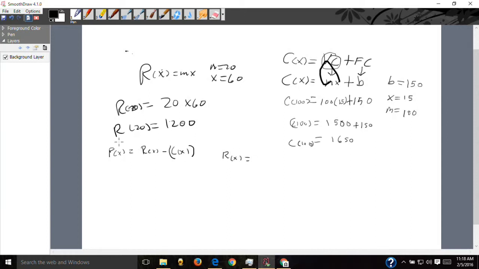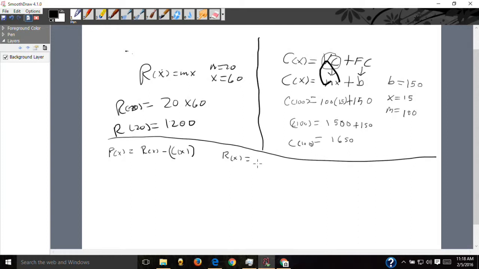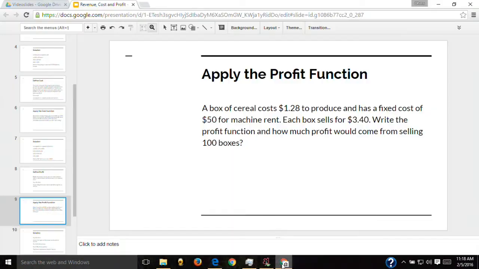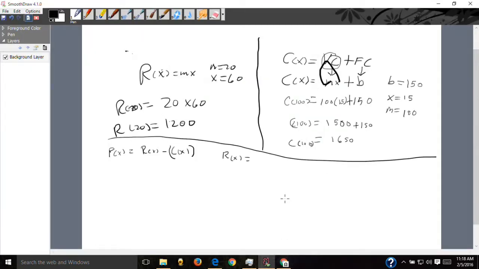Okay, I'm going to write this. Let me draw a line right here to separate this problem. Alright, so my revenue function, as we recall, is M times X, the sales price times the quantity sold. So if we go back to my board, it says each box sells for $3.40. Okay, so this is going to be my sales price.